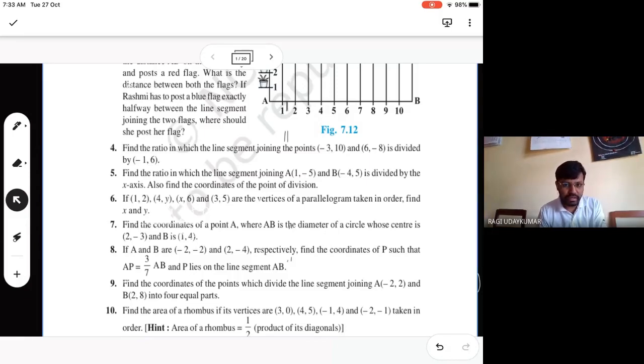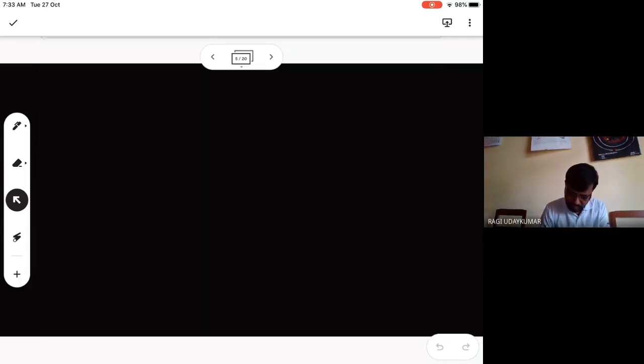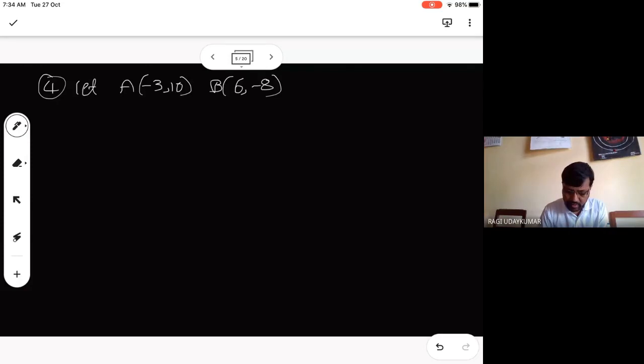So let A be -3, 10 and B be 6, -8 and P be -1, 6. These are the points given. So what to do now? In what ratio P divides AB, you need to find out.